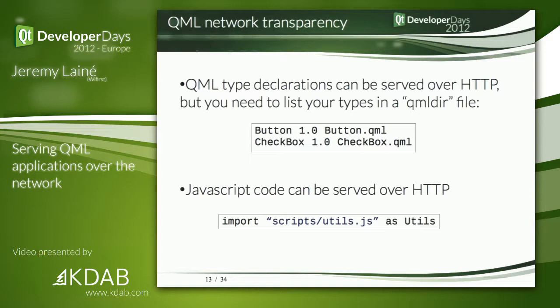The reason being that for local files, QtQuick can run over directories and check whether a file is present. If you needed to do this over the network, this would be a costly and slow process. So you basically have a sort of manifest file which lists the types which you are declaring.